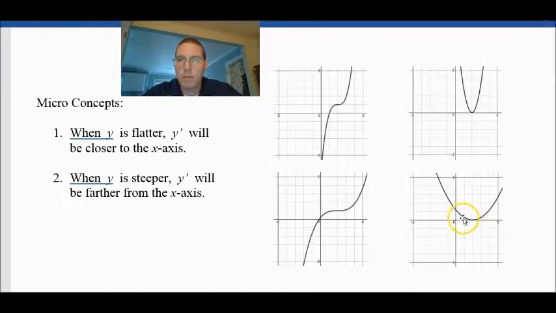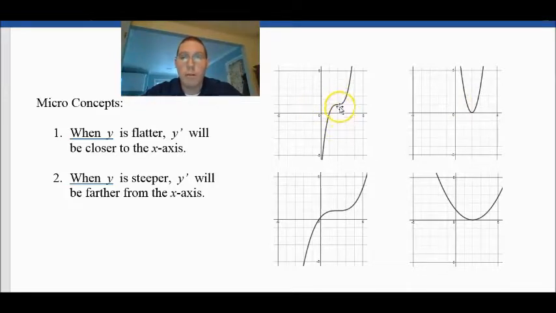And because this graph is much closer to the x-axis, at x equals 1, this one must come from a flatter original graph, which means that this derivative belongs to this function. This derivative that is much farther away from the x-axis must go with a graph that is much steeper, which is this graph right here.